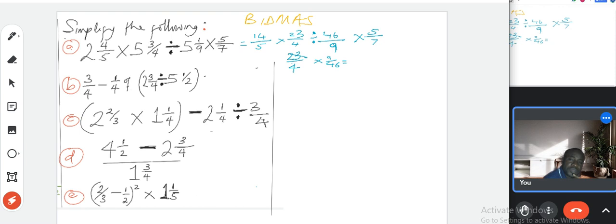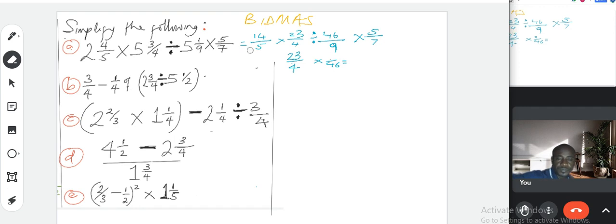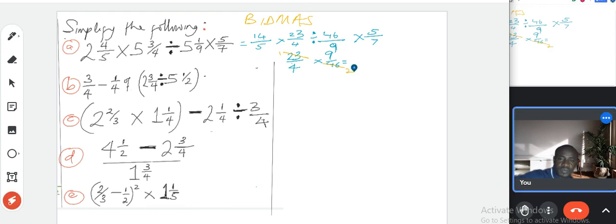Can you use a different color to strike out? Okay. When 23, okay, so go ahead.